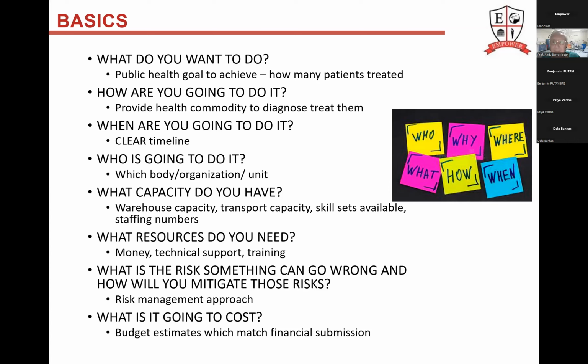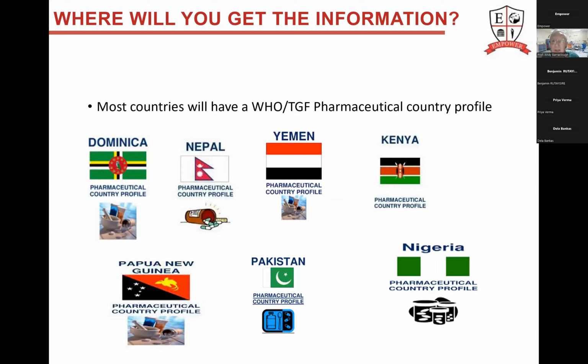Now, a lot of this information is already available to you because many countries will have a World Health Organization, Global Fund, pharmaceutical country profile. And I hope by now, most of you have looked at yours for your country. If not, do so after this webinar, please. Find out what it is and look at the information that's contained in your country pharmaceutical profile.